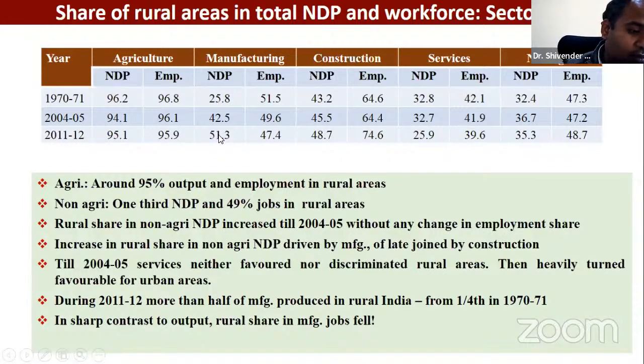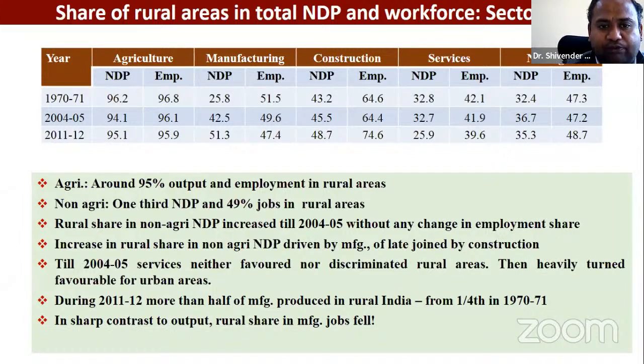It means that most of the manufacturing plants are being constructed in rural areas. It may be because of many reasons: cheaper availability of labor, cheaper availability of inputs, and some environmental laws, because many industries cannot be established in urban areas due to pollution and those types of things.